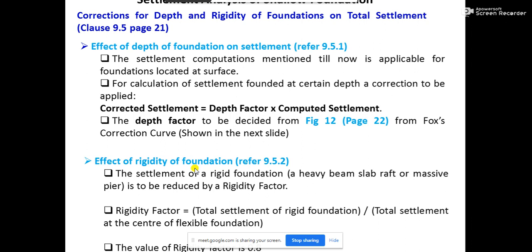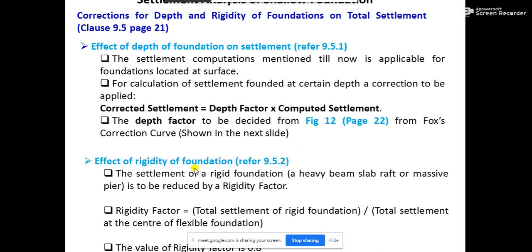So if you are calculating the settlement value, you will have to apply the correction factors for depth and rigidity. It's very simple to understand. The first is the effect of depth of foundation on settlement.